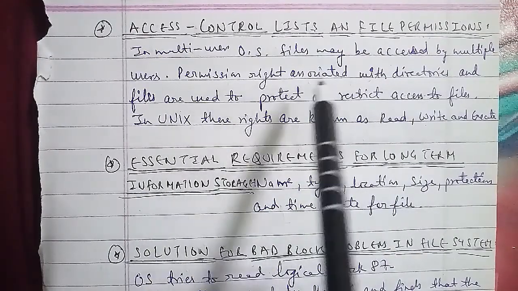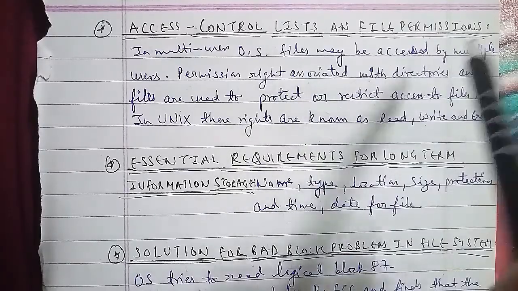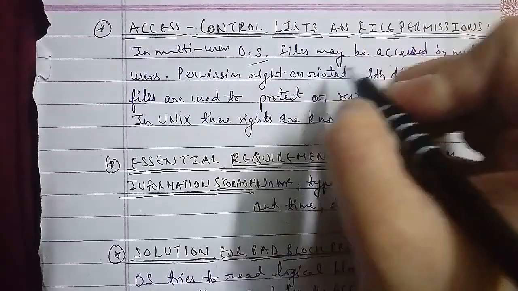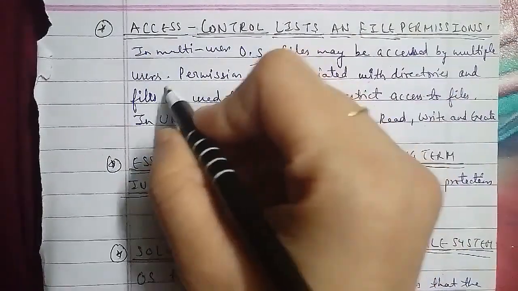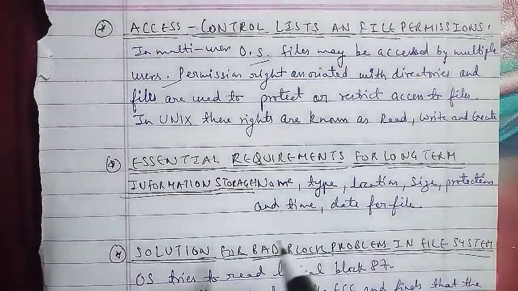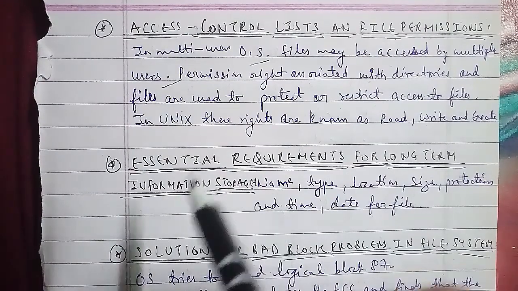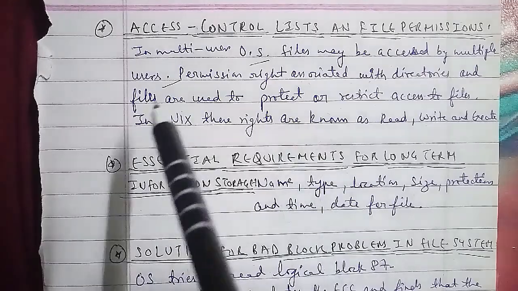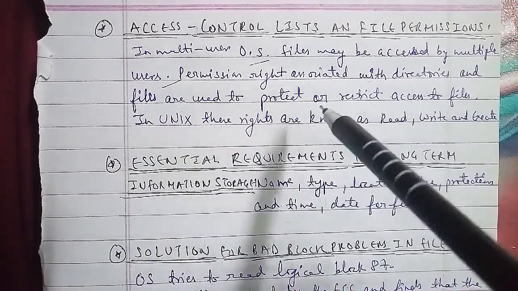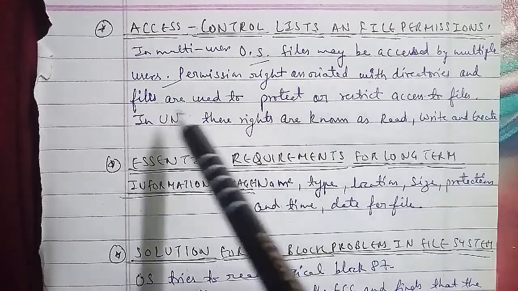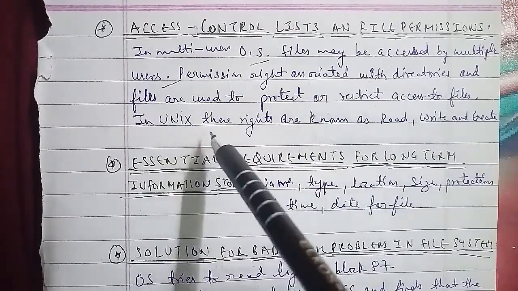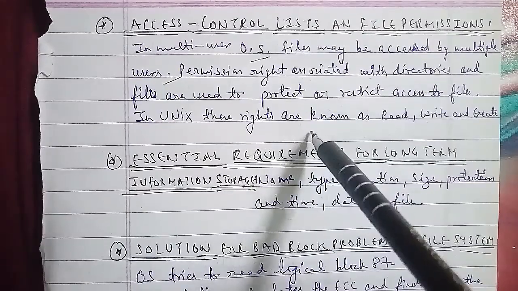Another possible 2-mark question they can ask is to discuss the file descriptor and the access control matrix. In that you can write that the protection mechanism provides controlled access by limiting the types of file access that can be made, and these functions can be viewed abstractly as a matrix, which is called the access control matrix.